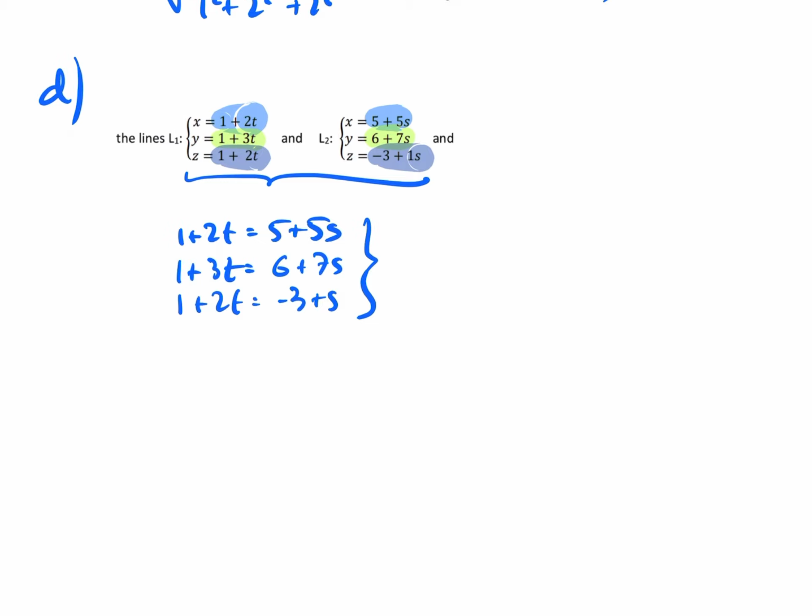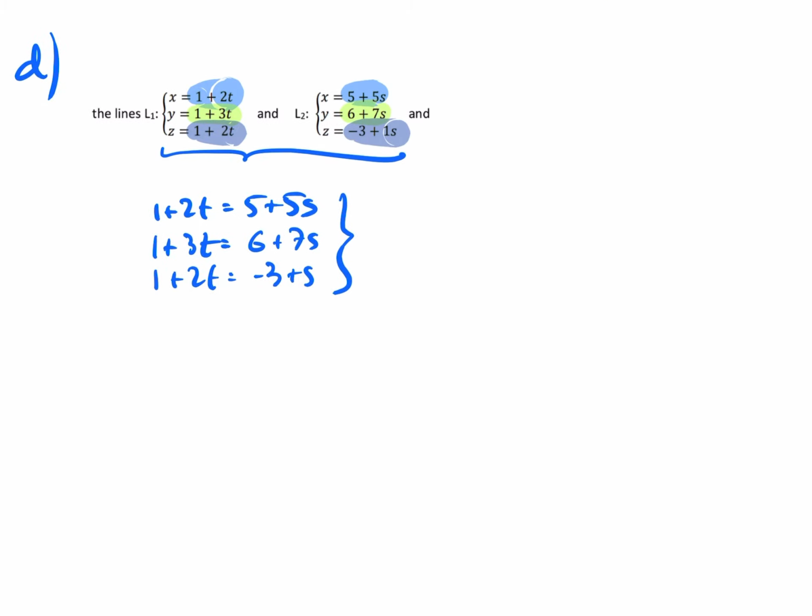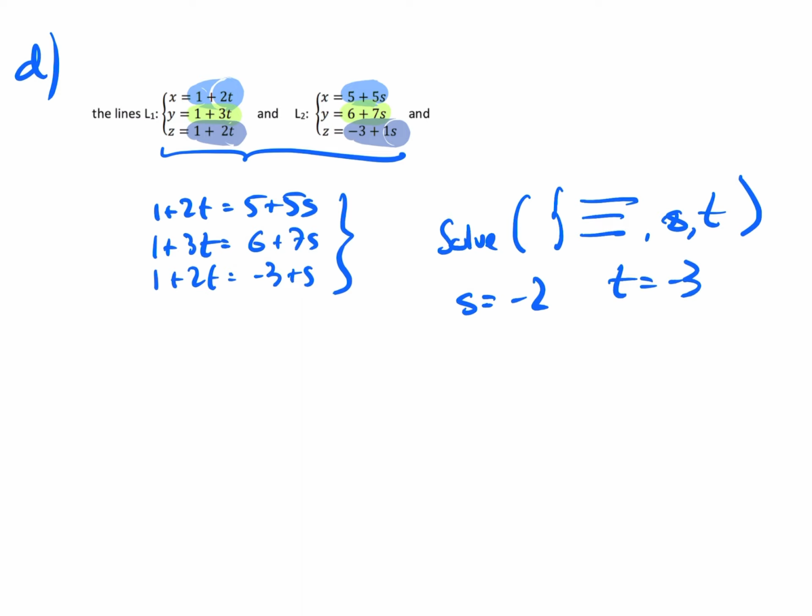This was a calculator paper, so we don't need to do this without a calculator. When we solve this, we write solve, we insert the equations, comma, s, comma, t, and we get s is equal to -2 and t is equal to -3.